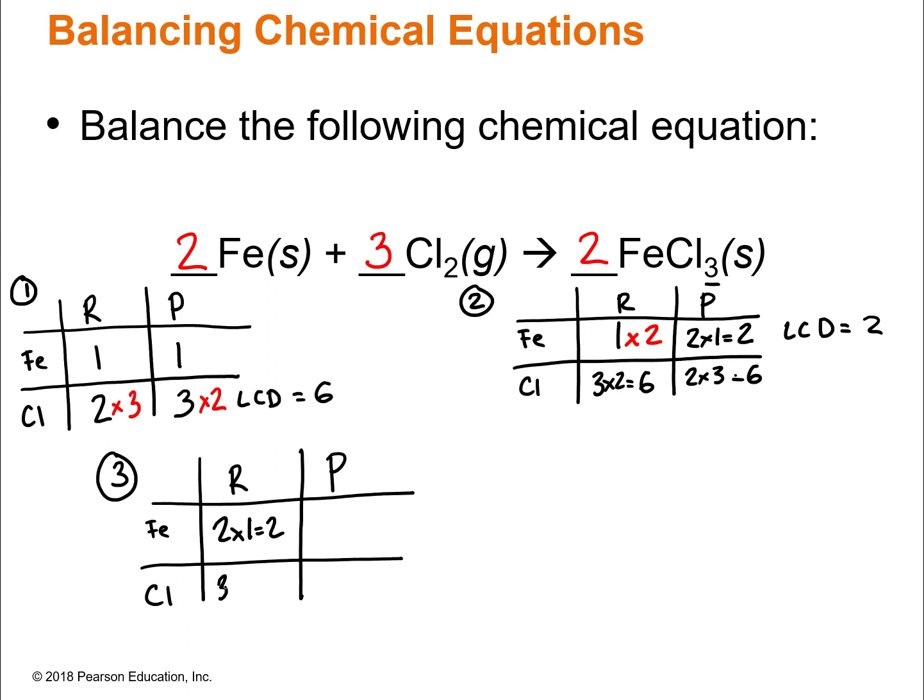I've got 3 times 2, which gives me 6 of the chlorines. 2 times 1 for the irons on the product side. 2 times 3 for the chlorine. Now we're balanced. I have all whole numbers. And I can't reduce these anymore. 2, 3, 2. That's it. I can't divide them by something and get anything smaller that's still a whole number.